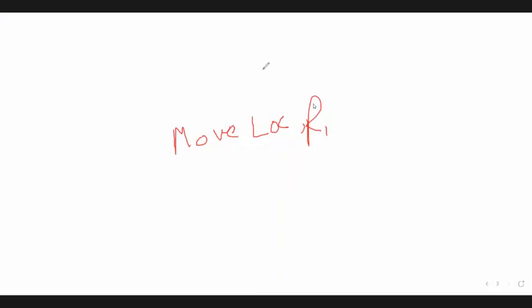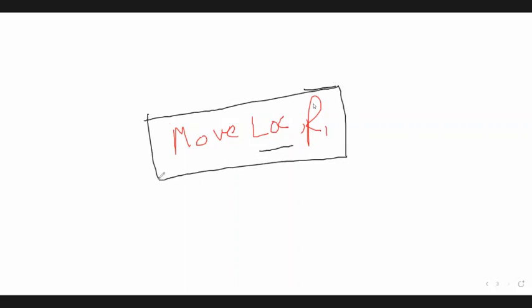So here, what is actually happening? We are moving the content of this location LOC to register R1. So this is a kind of assembly instruction. You understand what is an assembly instruction?